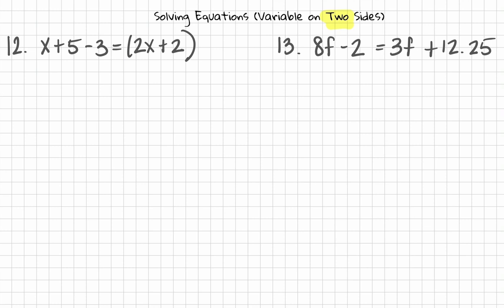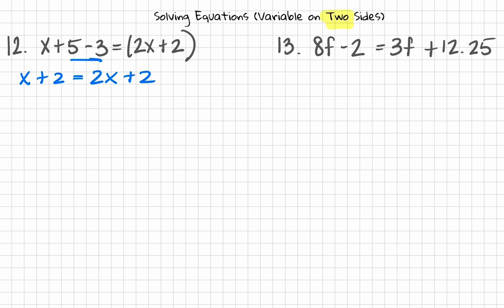Solving equation variables on two sides. My apologies. So for number 12, we're going to simplify as much as we can. So we have two constants that we can combine. So it's really x plus 2 equal 2x plus 2. I'm going to take that out of parentheses because it's being multiplied by 1.